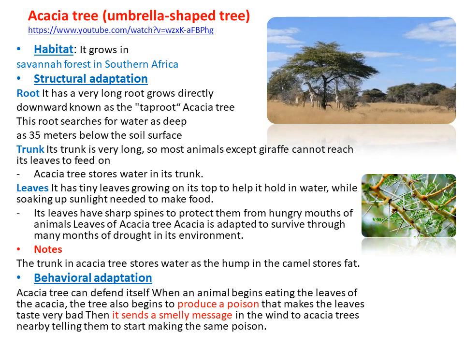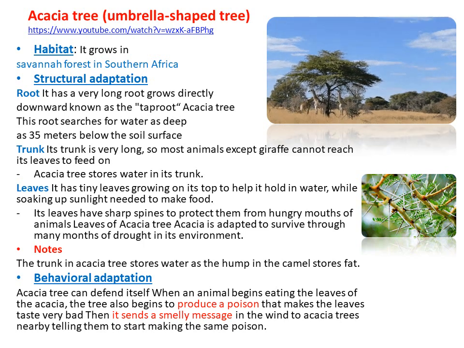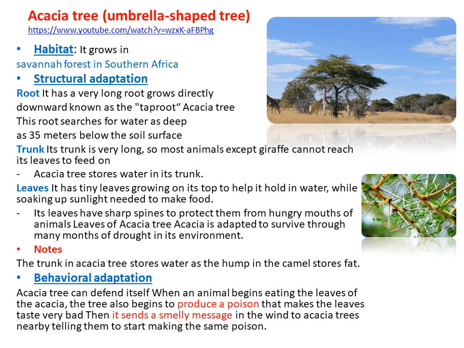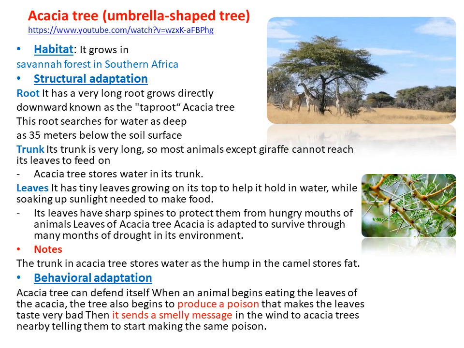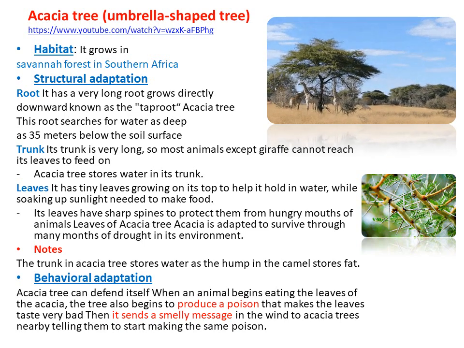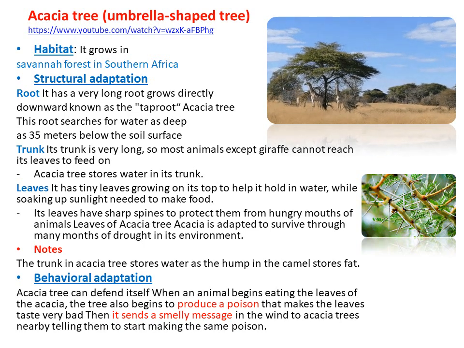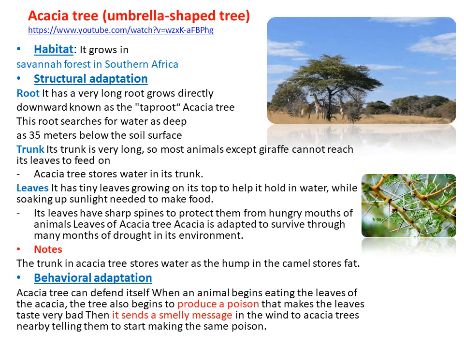So it helps the acacia adapt to this environment. Also, the trunk of the acacia tree stores water as the hump of the camel stores fat. Everyone knows that the camel has a hump, and this hump stores fat. The trunk of the acacia tree is like the hump of the camel, but storing water.